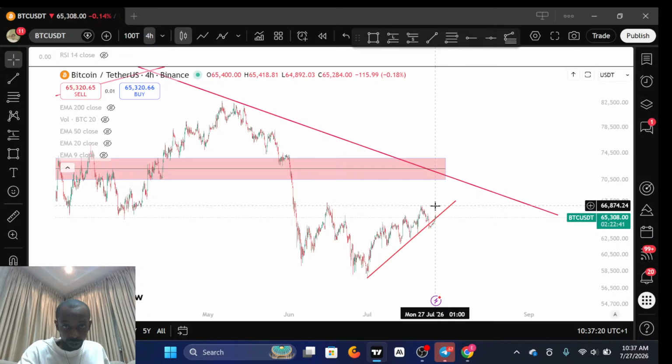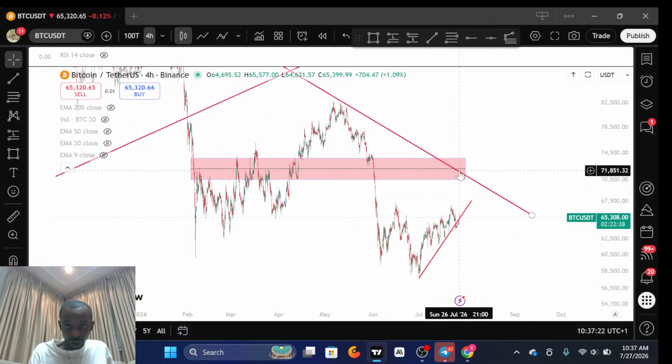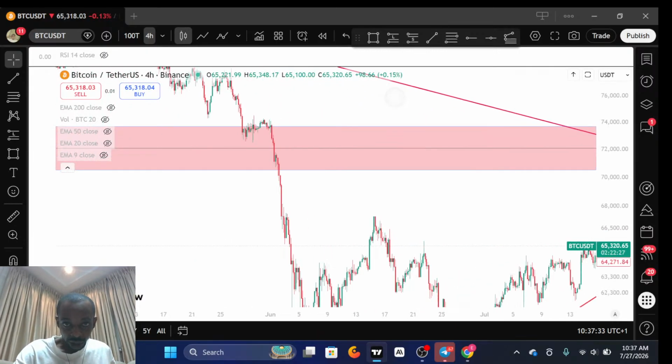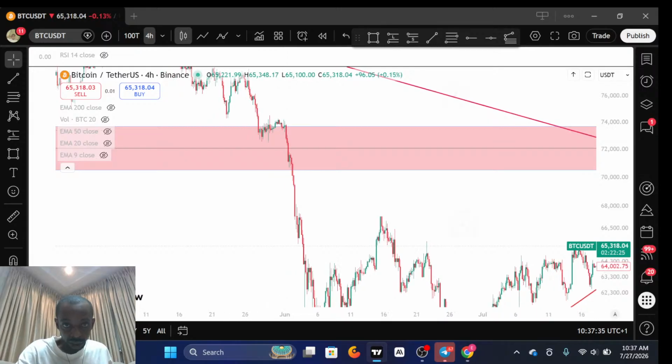Just a little point, the market is coming to this level. Practically it's coming to this level. Once it comes to this level, there'll be a retracement back. For an SMC trader, you'll be waiting for the market around here or above a little.